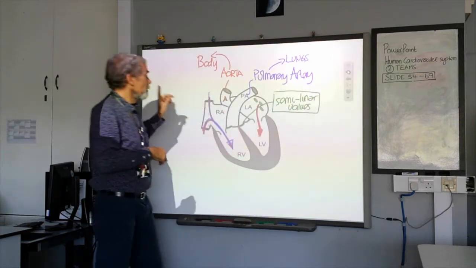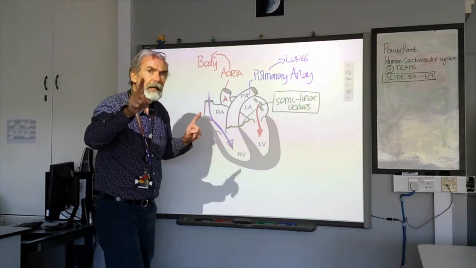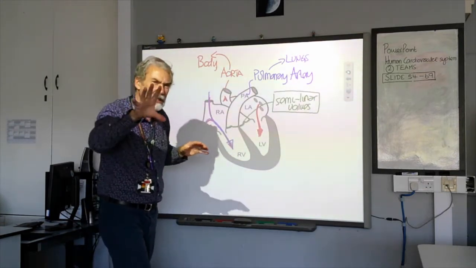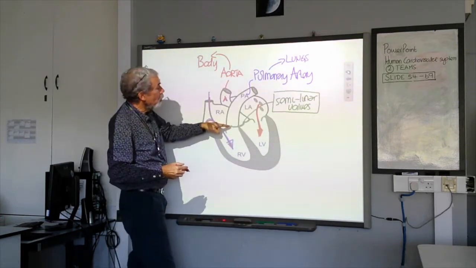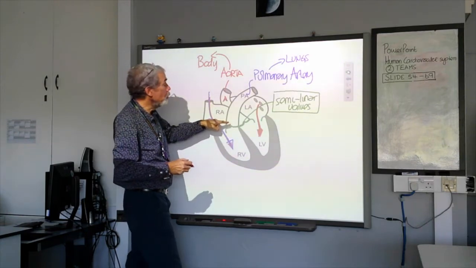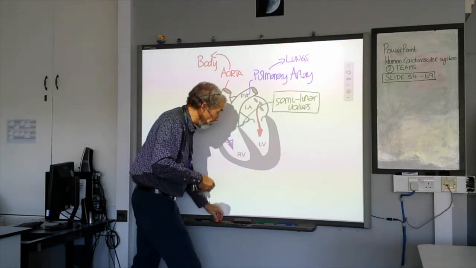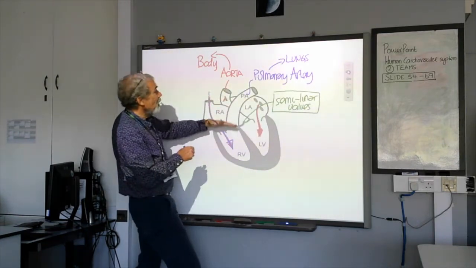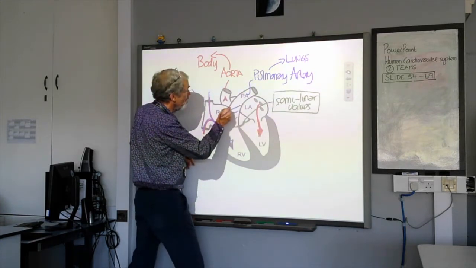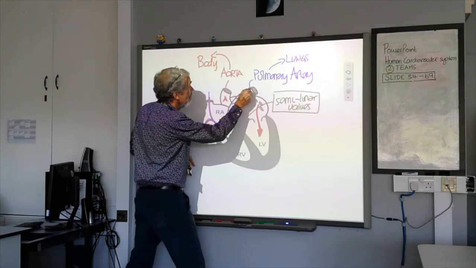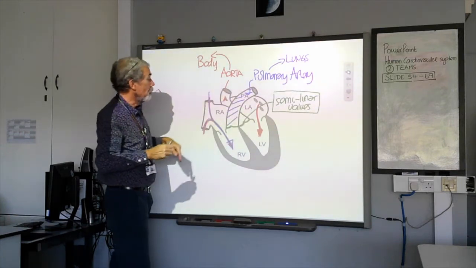Okay? Let me just add something to this, just so it kind of contextualizes where we're going with this. This valve is closed and is held closed by the amount of blood that's actually sat above that valve. So this pipe here, the pulmonary artery, is full of deoxygenated blood.